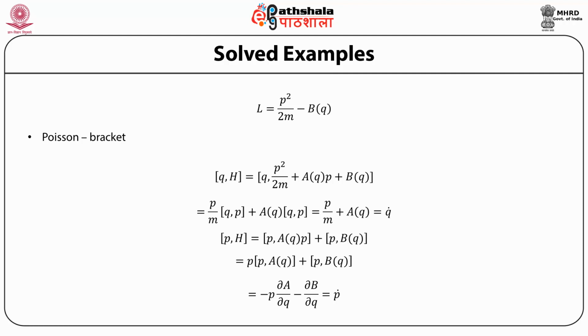Now, the Poisson bracket of q with p is unity, and therefore this is simply p by m plus a(q), which is equal to q dot from the equation. Therefore, we can calculate the Poisson bracket of p with H also, which is p dot. So we simply have the relations that the Poisson bracket of q with H is q dot, and the Poisson bracket of p with H is p dot.